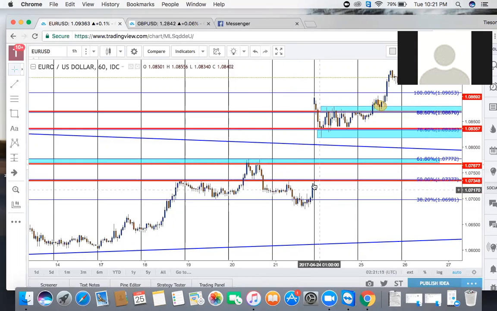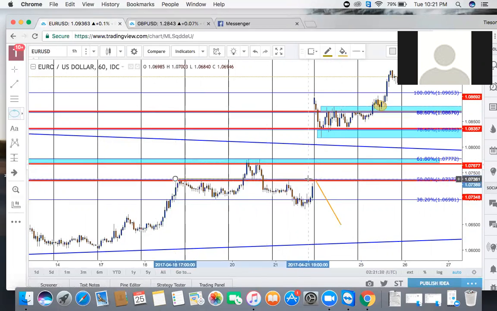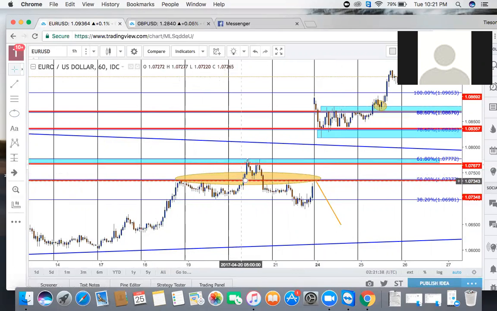So right now, actually, what I could be looking for is a test of this area right here and a drop. Because we see multiple times price has tested this area. It broke it, tested the next area, came down.